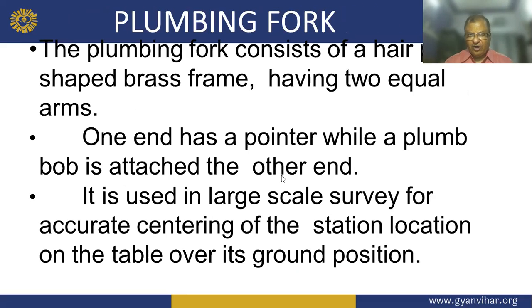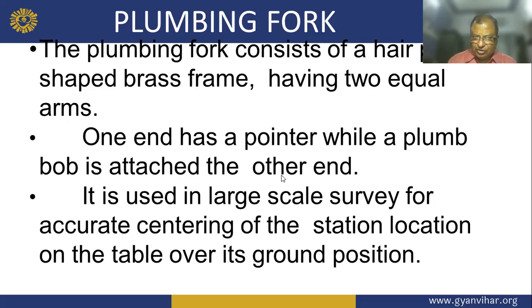Now, the plumbing fork consists of a hairpin shaft and a brass frame having two equal arms. One end has a pointer, while a plumb bob is attached to the other end.